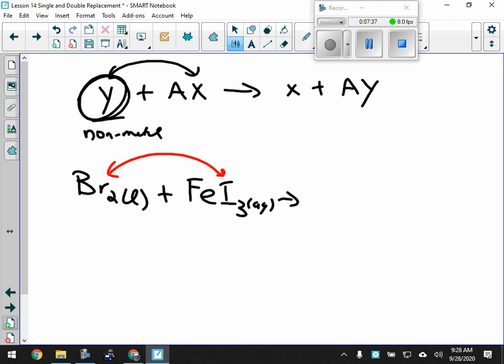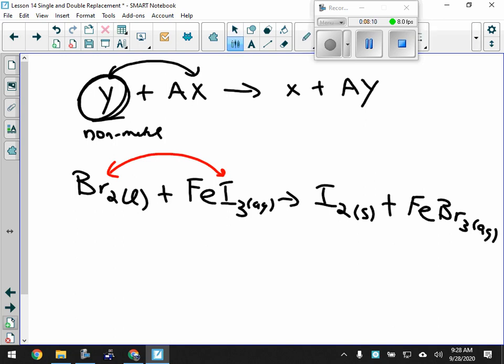When iodine is by itself, it is I2, like H2, N2, O2, F2, and so on. Iodine is a solid at room temperature, so we're going to put that down. And then the bromine is going to become part of the iron 3 bromide, like so.